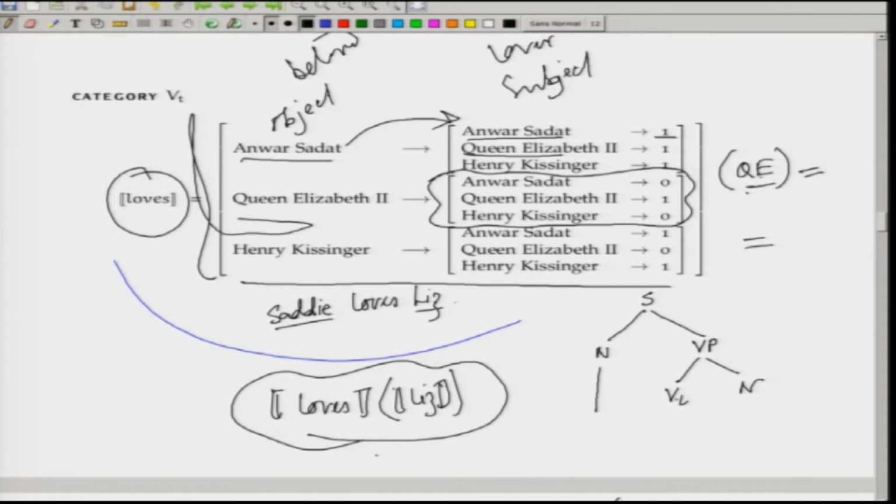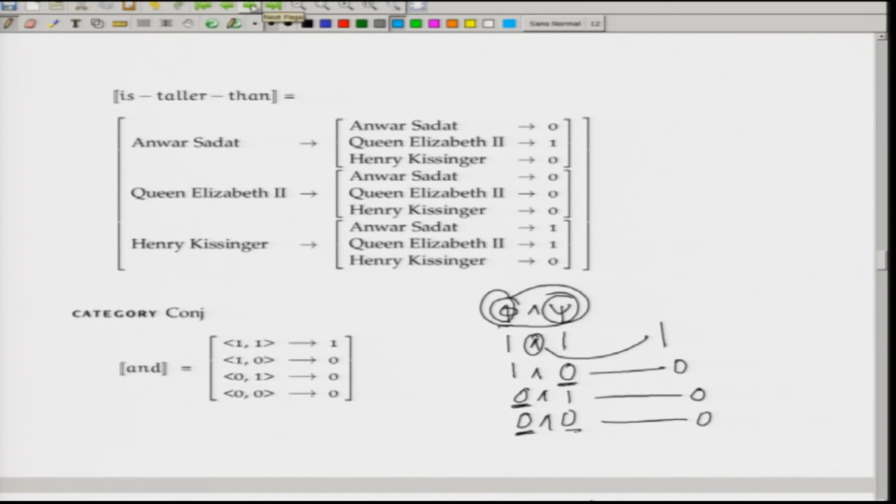So, the result of this will basically be another function. What is it? It will be this function, where a s is mapped to 0 and q e is mapped to 1. Remember, q e is an abbreviation for Queen Elizabeth, and Henry Kissinger is abbreviated as HK, mapped to 0. This is the function we now have to carry to our page where we are doing our computation.